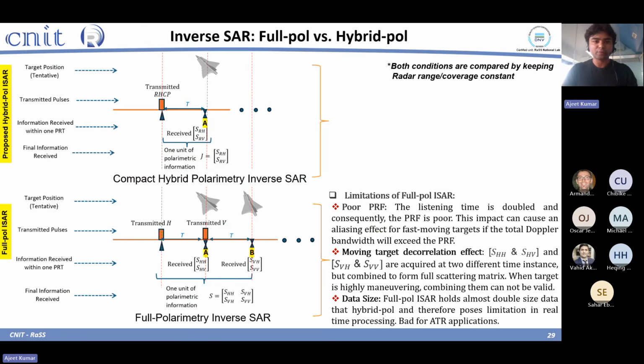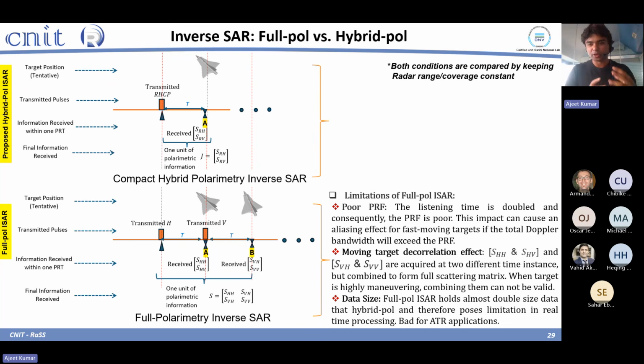In inverse SAR, the sensor is placed static, but the target is moving. For example, an aircraft which has a very high velocity, and the relative motion between the target and the ground plays the role of forming the synthetic aperture.